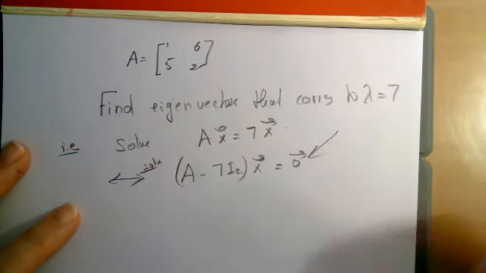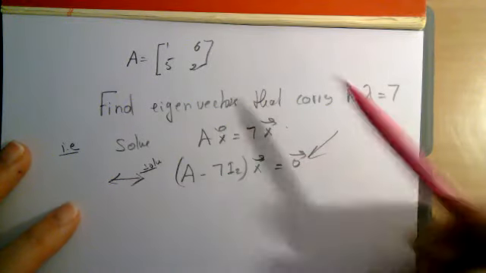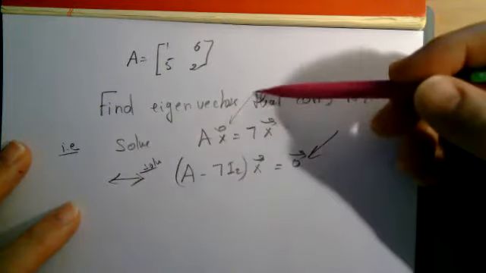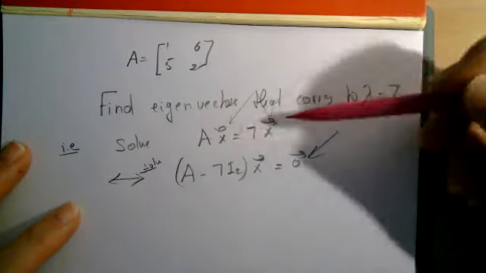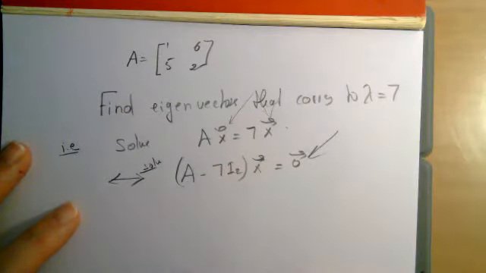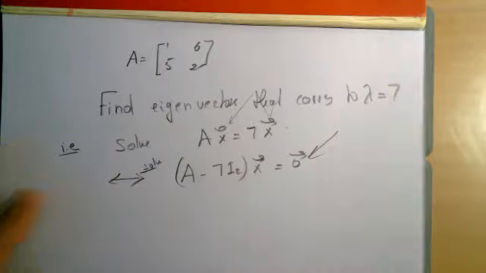And this will be much easier for us than the original one because we know how to deal with that. We don't know how to deal with unknowns in both sides of the equation, especially when it hits 3 by 3 and 4 by 4 systems. So to solve this, I need to solve this system. And now A minus 7I, we actually computed a minute ago.